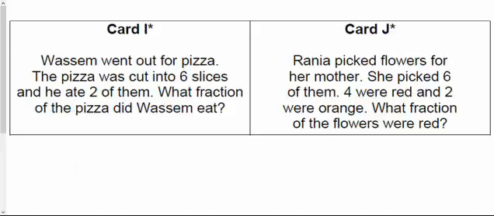Card I. Wasim went out for pizza. The pizza was cut into 6 slices and he ate 2 of them. What fraction of the pizza did Wasim eat? I said that he ate 2 slices out of 6. And let's draw them together.